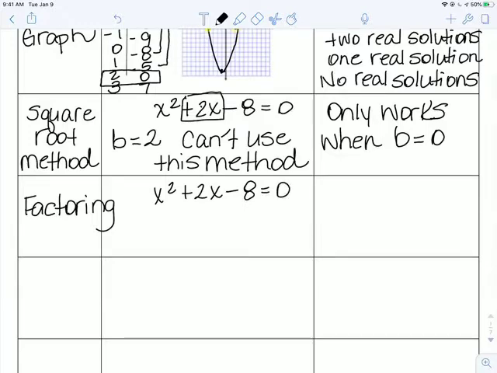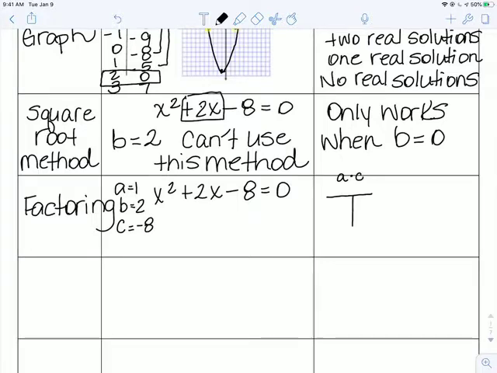So what you want to do when you're factoring is set yourself up a T-chart. I'll do that off to the side here. And with your T-chart, you want to multiply your A times your C. And in this case, we said earlier A was equal to 1, B is equal to 2, and C is equal to negative 8.